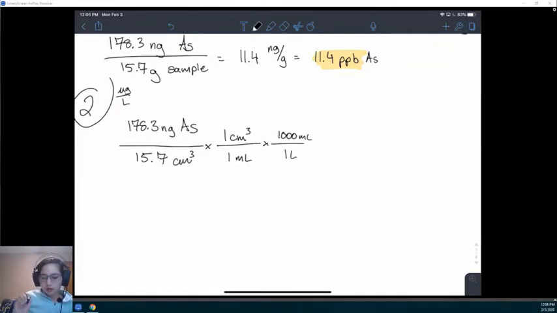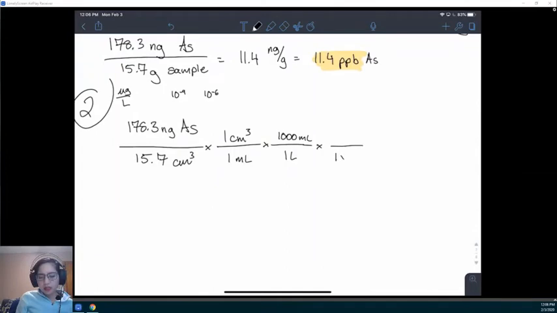I don't want to stick this into my calculator yet because I want to be in micrograms also up top. But right now we are in nanograms. So nano is 10 to the negative 9 and micro is 10 to the negative 6. This is typically how I do it. Nanograms is on top, so I like to think, okay, there's 1 times 10 to the 9 nanograms in 1 gram.